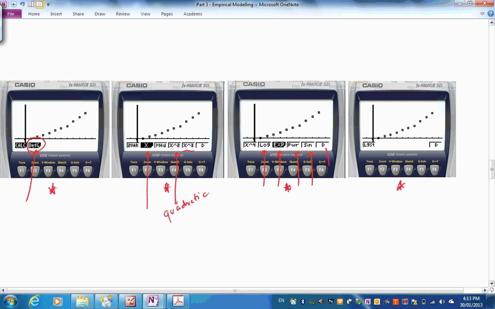If you want to go to the next window, hit F6, there's a logistic function. So the calculator has on board many different functions, all that we need. It doesn't have a rational function. All that we need there to try to fit these functions to your data set.